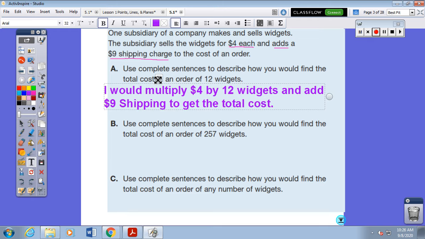Okay, that's in words. So you do 4 times 12 and add the $9.